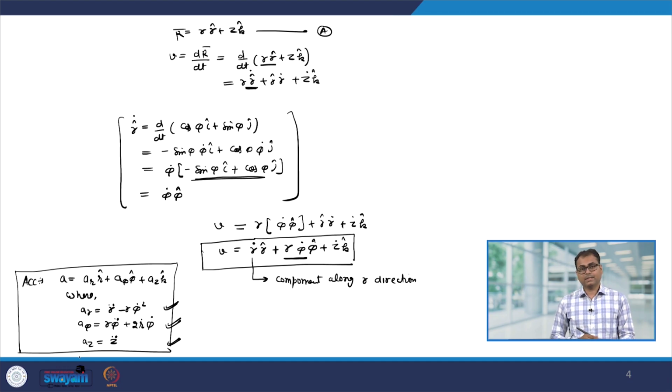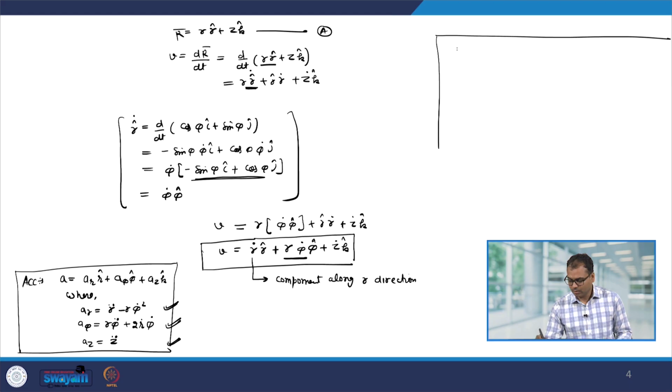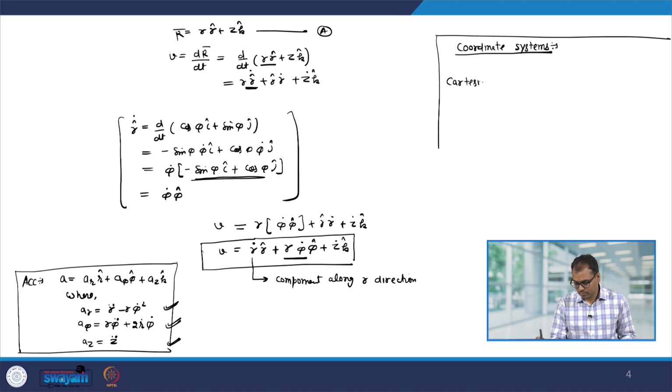Now, let me summarize the result that we have obtained so far. So, we studied various coordinate systems. We studied the Cartesian coordinate, planar polar coordinate, spherical coordinate, and today we studied the cylindrical coordinate.